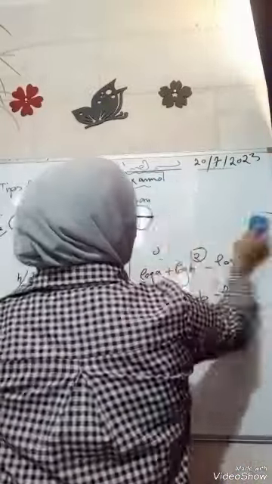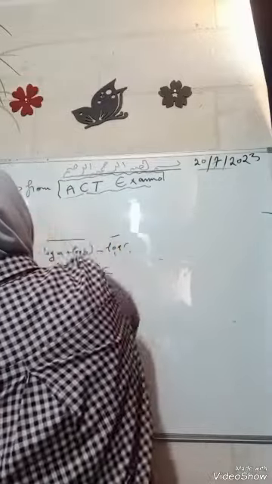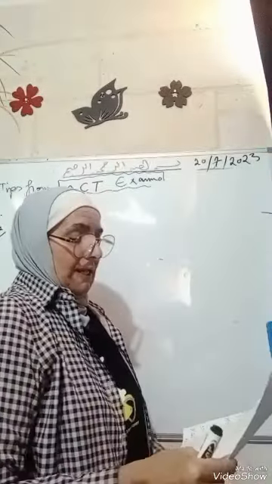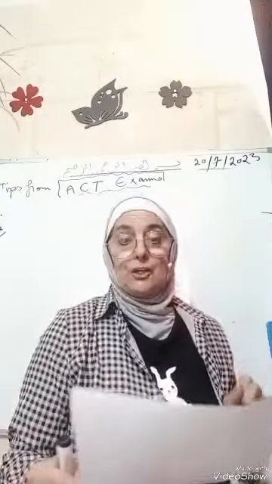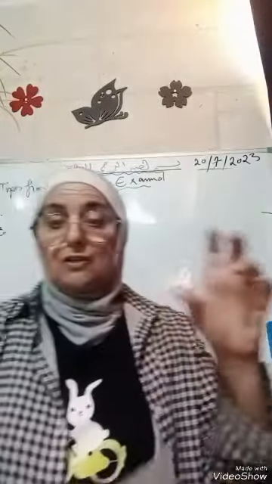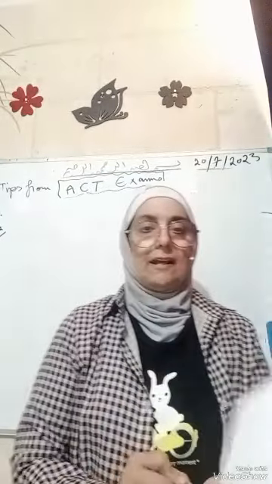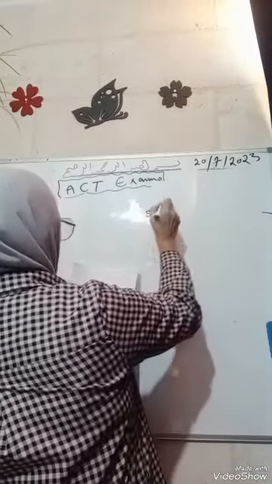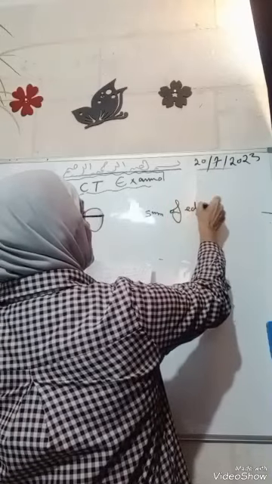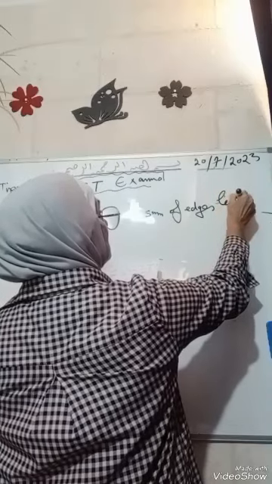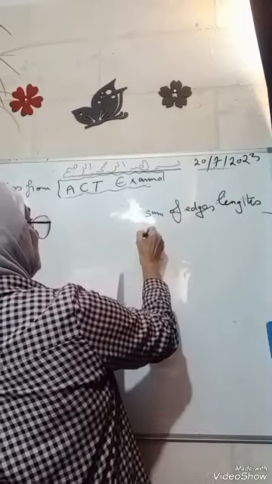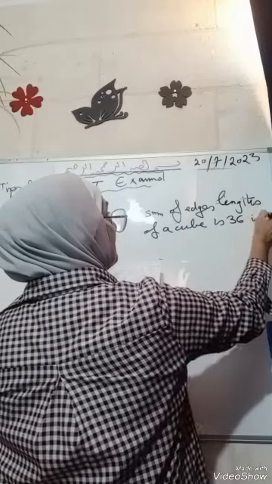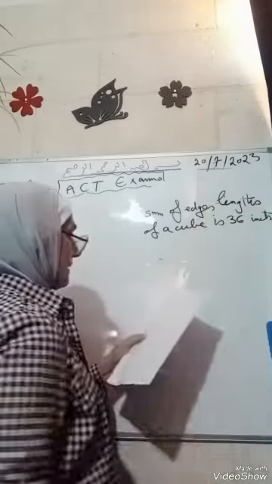Now, let's go to another problem. It says that the sum of all edge lengths of a cube is 36 inches.